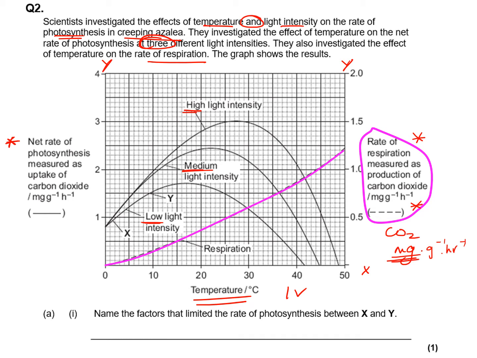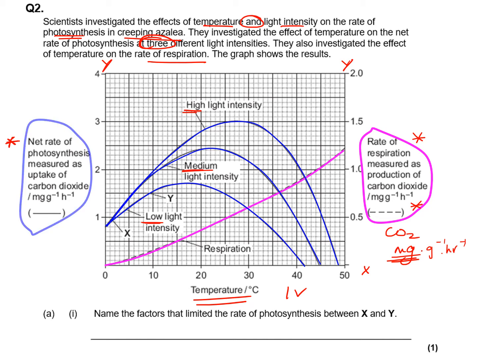Now the solid lines then, the data there, we've got 3 sets of data at different temperatures. We've got low light as one experiment at different temperatures. We've got medium light at the different temperatures and high light at the different temperatures. So we've got 3 separate experiments.